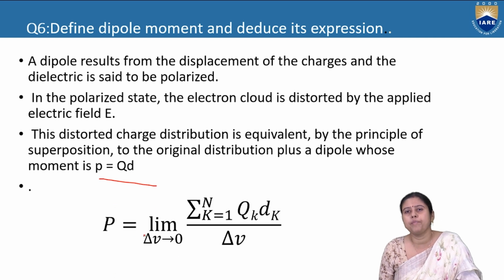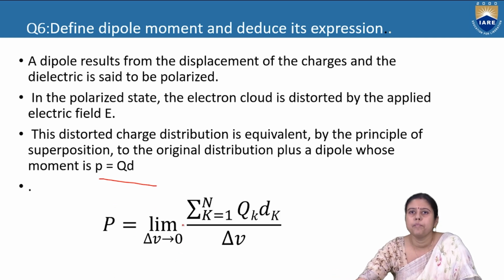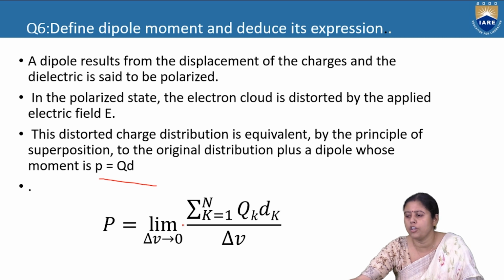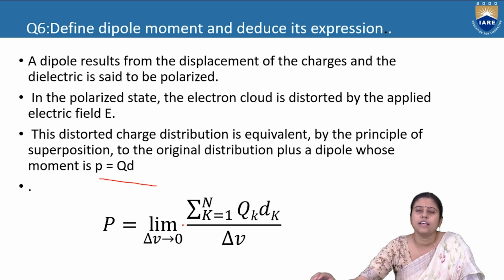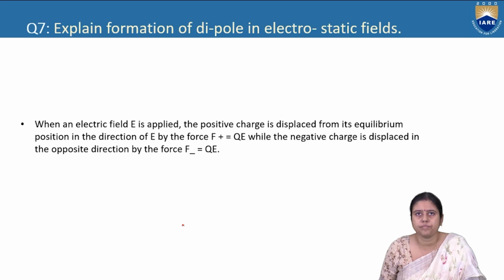So we can write P is equal to the limit as V, the volume, tends to 0, sum over K equal to 1 to N, QK dK by del V. So this is the dipole moment.